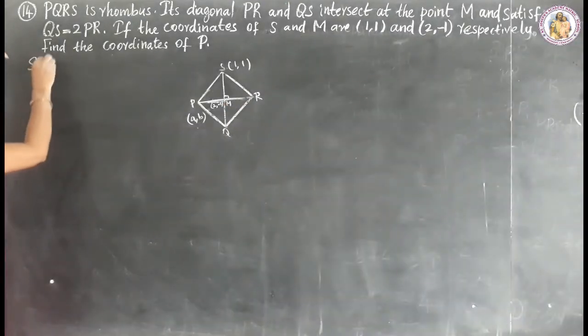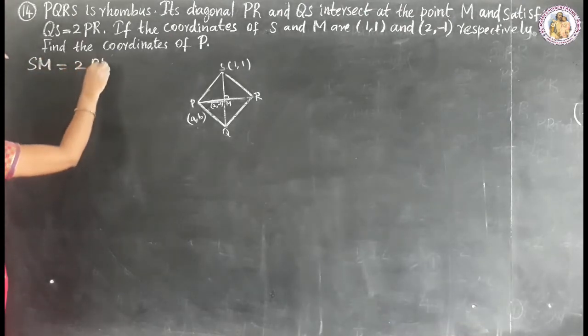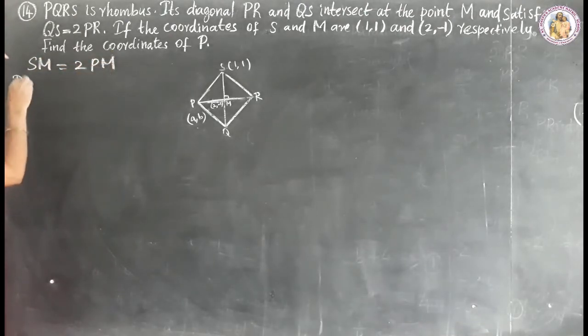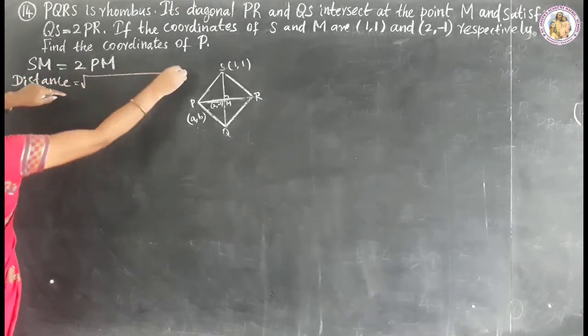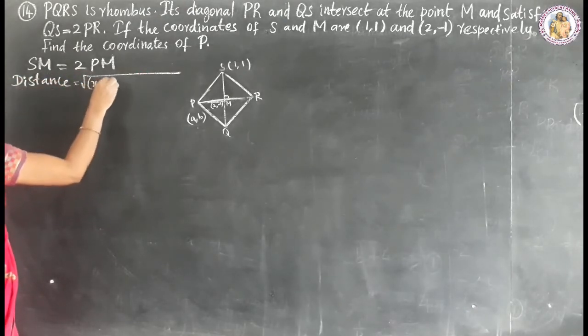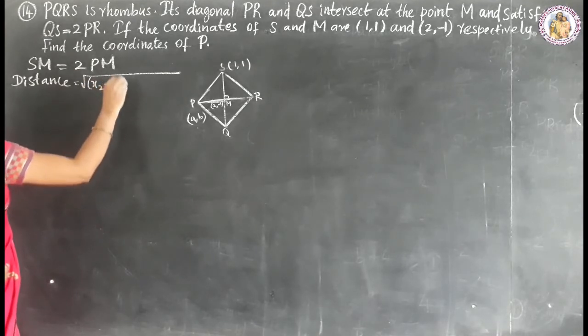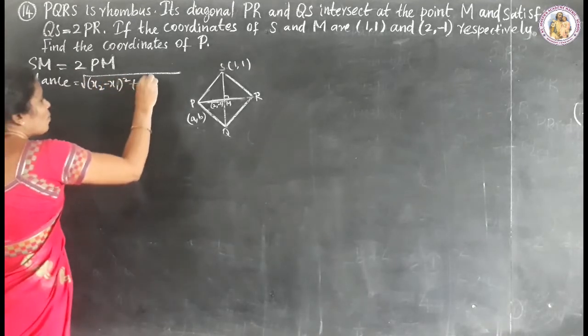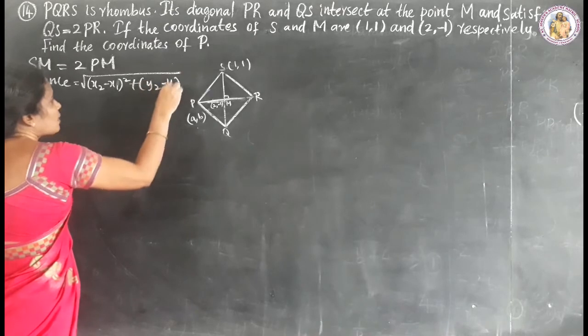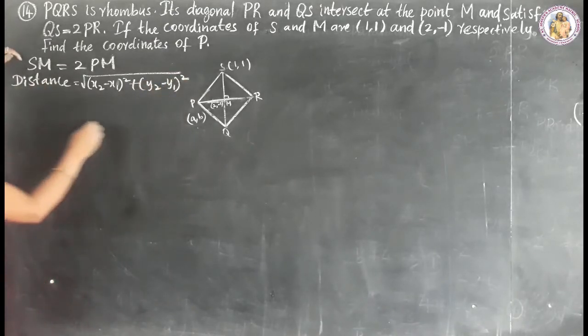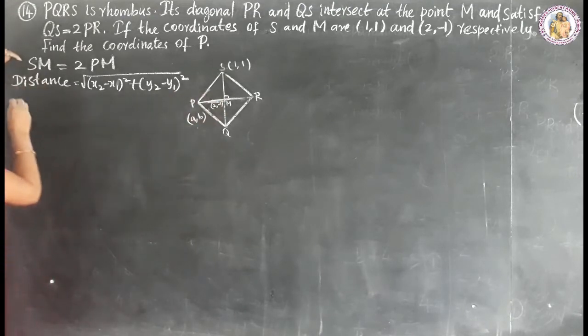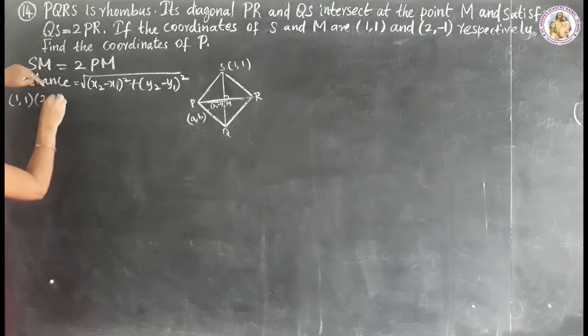Since SM is equal to 2PM, using the distance formula, distance is equal to square root of x2 minus x1 whole square plus y2 minus y1 whole square. Taking the points of SM, S and M, (1, 1) and (2, -1).